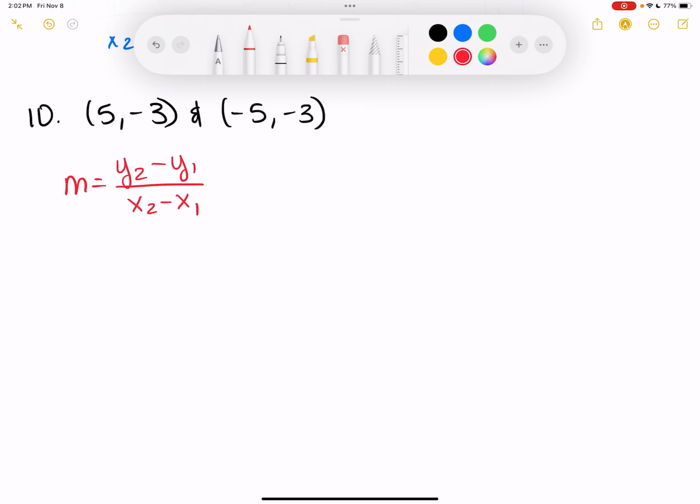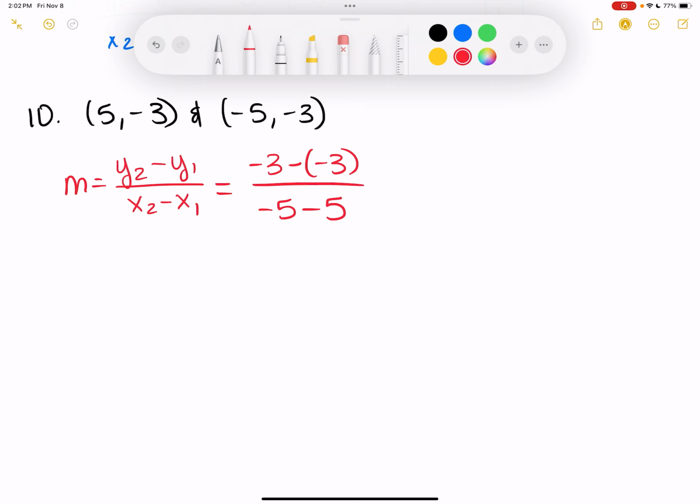Is it the same formula? Yes, it's the same formula. She means the numbers. All right, y2 is negative 3. Negative 3 minus negative 3 over negative 5 minus 5.